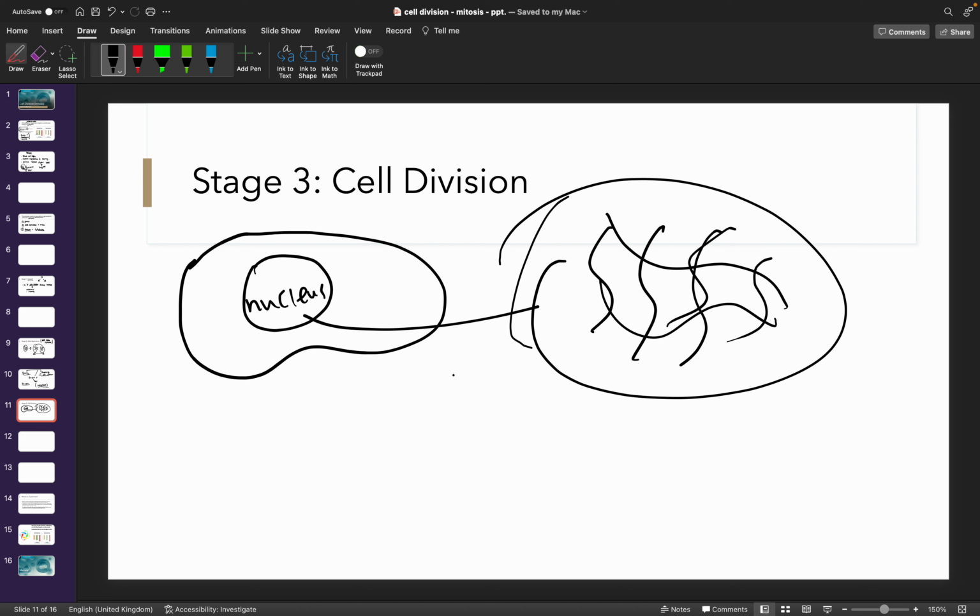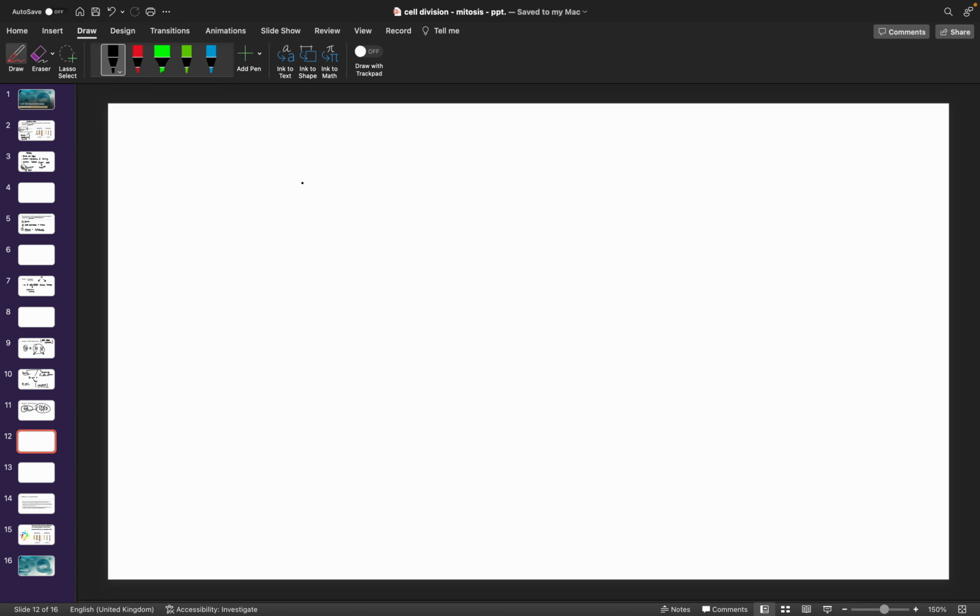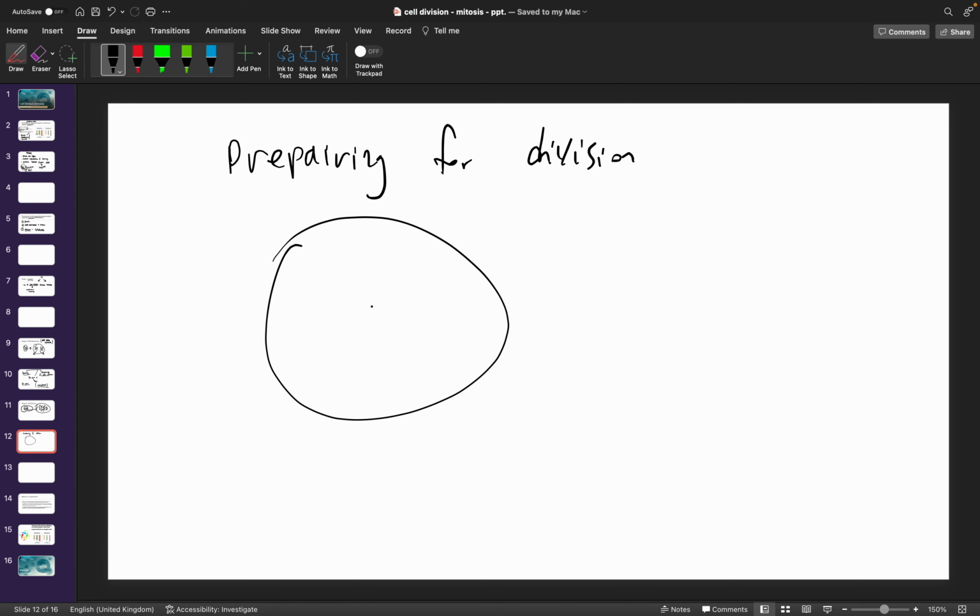But when it's preparing for division, these strands of DNA, so nucleus again. Remember, the DNA is stored in the nucleus. This is for eukaryotic cells, by the way, because prokaryotes that don't have a distinct nucleus don't do this.